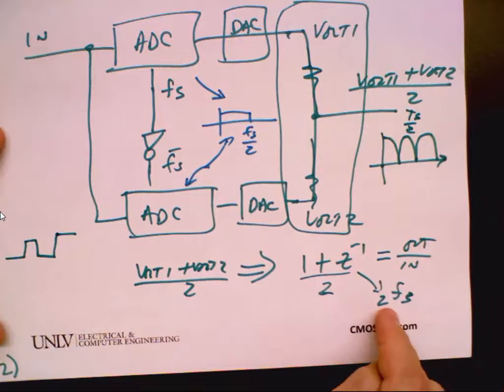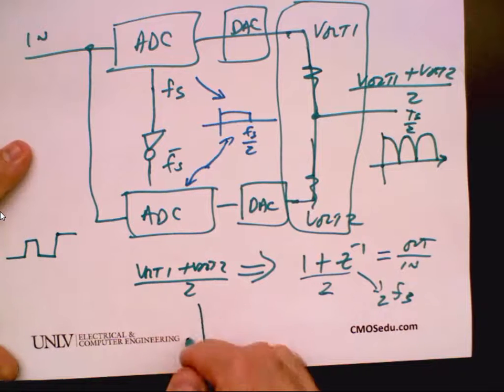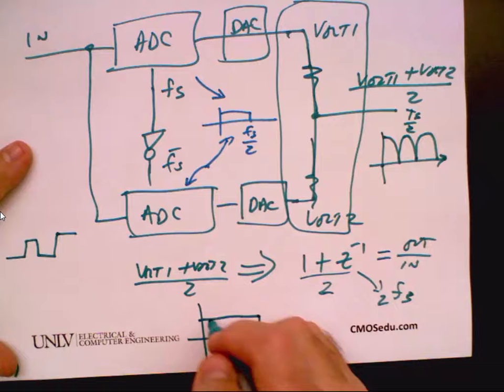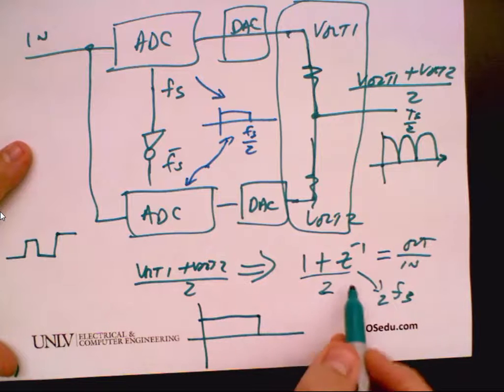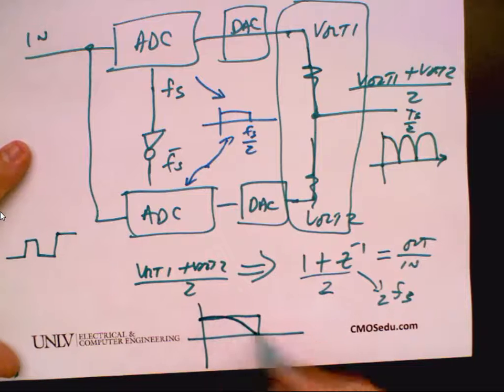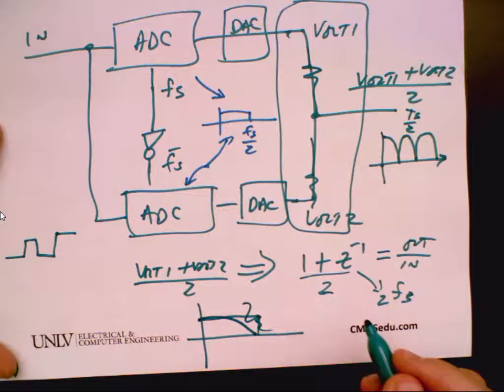If I plot that though, what do I get? We're going to cover this more in a moment, but what I get is the following. Here is my original quantization noise, and now I'm running it through this filter, which if I normalize it to 2, looks like the following. So I've gotten rid of all this extra quantization noise.